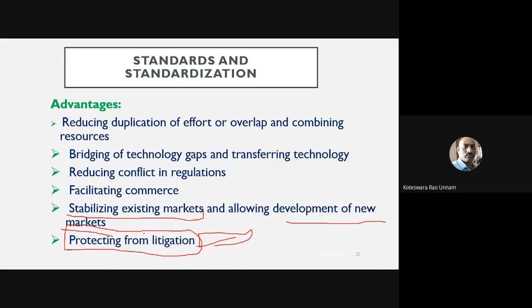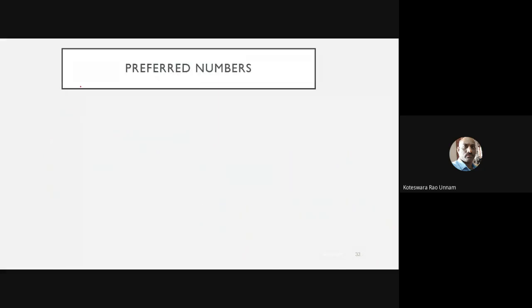I don't have any legal problem for that. Or else, if you are not following the standards, you cannot sell your component anywhere. So that is one of the problems without standardization. Therefore, if you follow standardization, you may get advantages to avoid these litigations or legal actions.